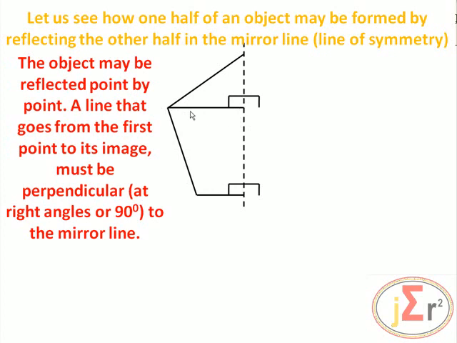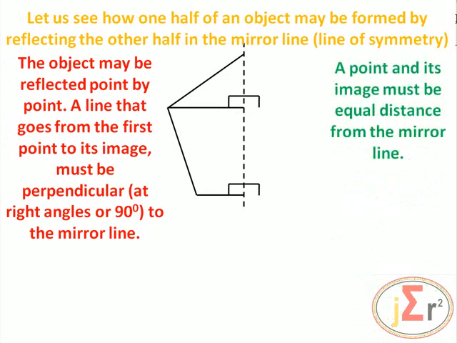So the line that goes from this point that we are reflecting to its image on the other side must be perpendicular to the mirror line. There's another thing. A point and its image must be equal distance from the mirror line.